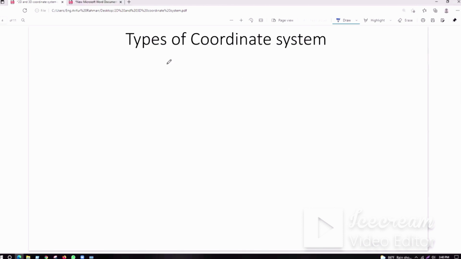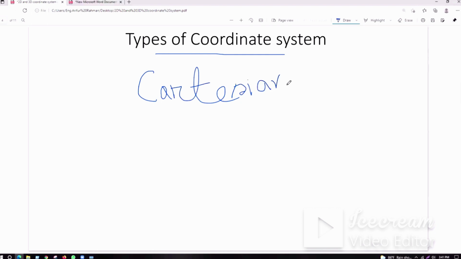First, we are going to discuss the types of coordinate systems, and we have two types of coordinate systems. One is Cartesian and another is polar. Cartesian geometry and the polar geometry.